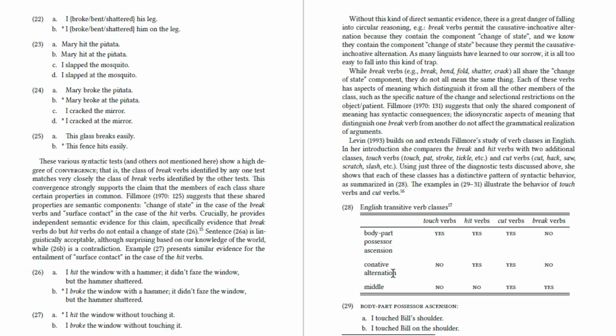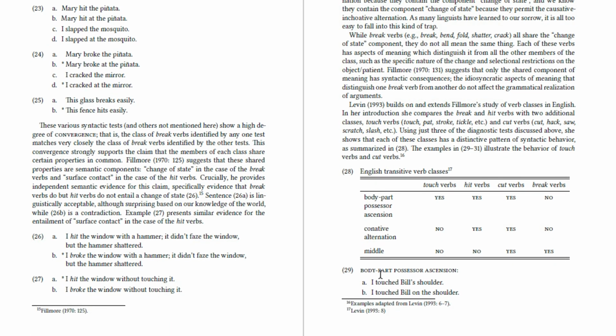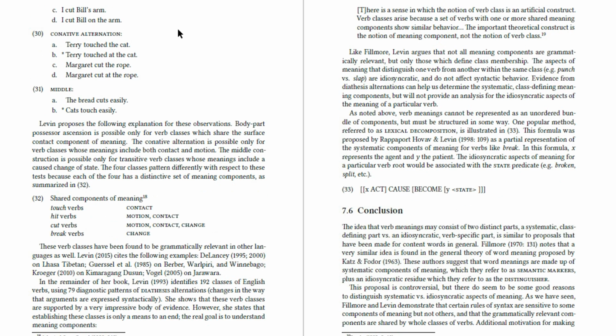Conative alternation, they mention here no for the touch verb. Middle here, no for the touch verb. This one we are not here to explain quickly because we have examples. What are the examples of transitive verb with a body part? I touch Bill's shoulder, I touch Bill on the shoulder. I cut Bill's arm, I cut Bill on the arm.